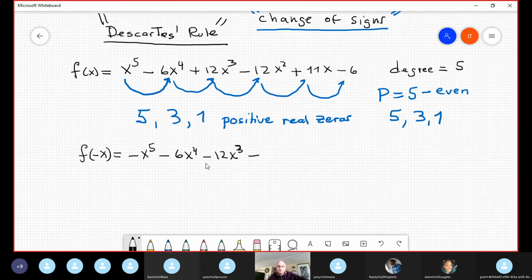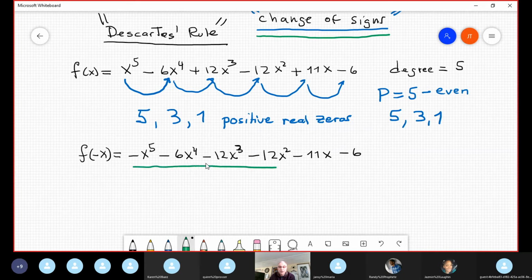Minus 12 again, x to the second power, minus 11, change. This is change, and this is tail. And you analyze now, let me use another color, green, the change of sign, but in the reflection. And you see, wow, negative. Everything is negative.